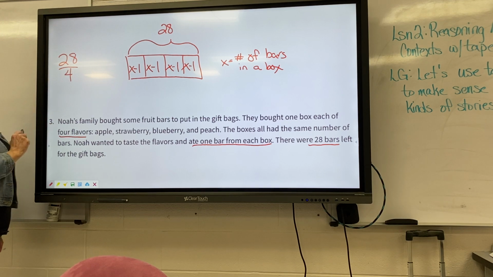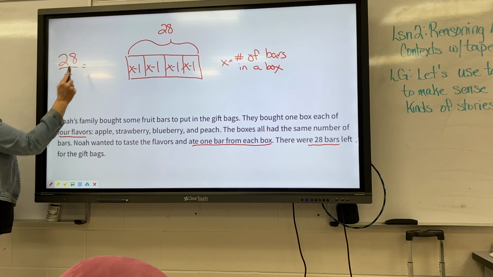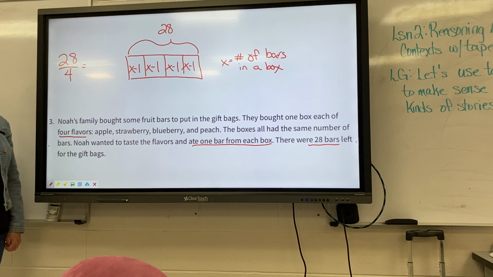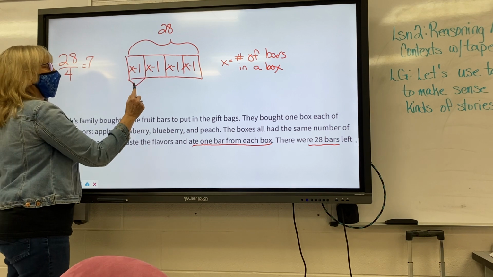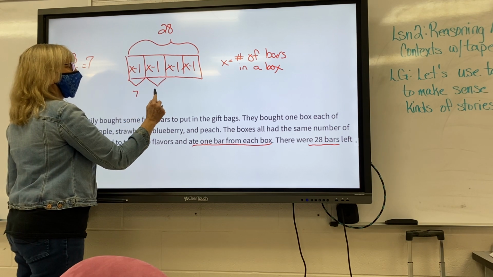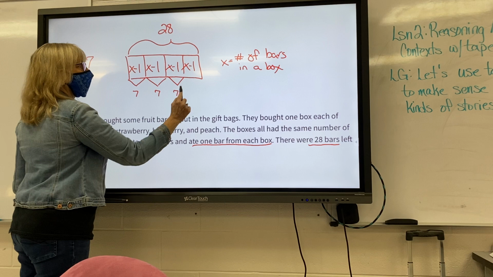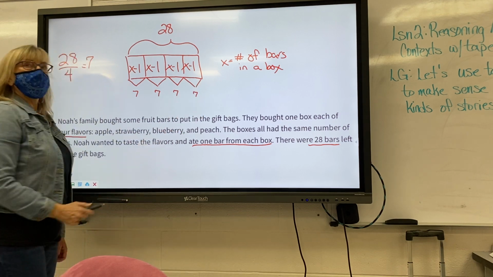Okay, 28 divided by 4 is 7. So that means each one of these is worth 7 bars. Do you agree?